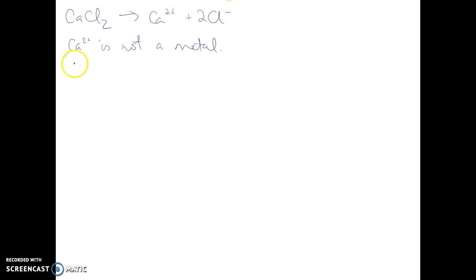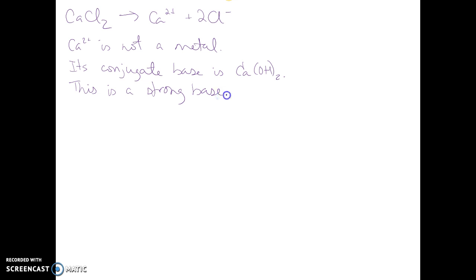Its conjugate base is Ca(OH)2. This, we have memorized, is a strong base. Therefore, Ca2+ is neutral. It is not an acid.